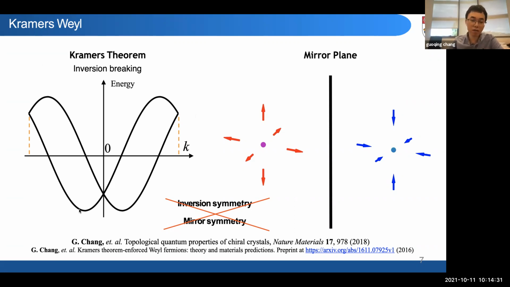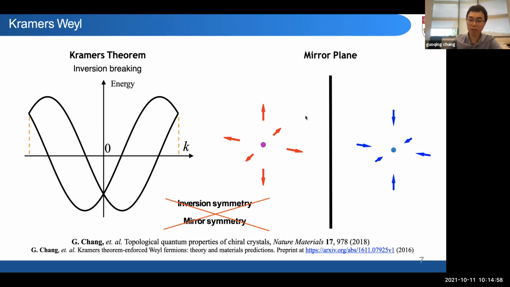So can we conclude that all the time reversal invariant points in inversion breaking crystals, or non-centrosymmetric crystals, these nodes are the Weyl fermions? No, we need to exclude another symmetry, which we define as the mirror plane. So assuming now we have a mirror plane, according to the knowledge we obtained before, the mirror plane will flip the Berry curvature on the two sides.